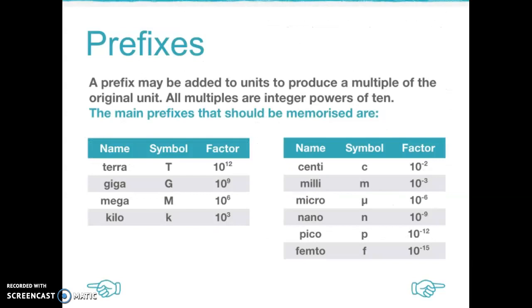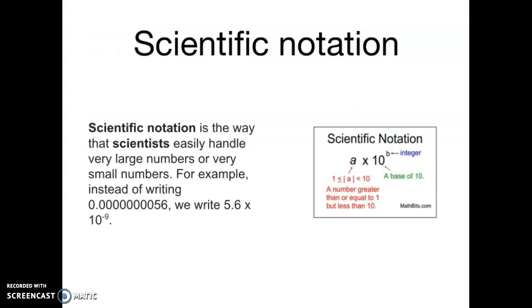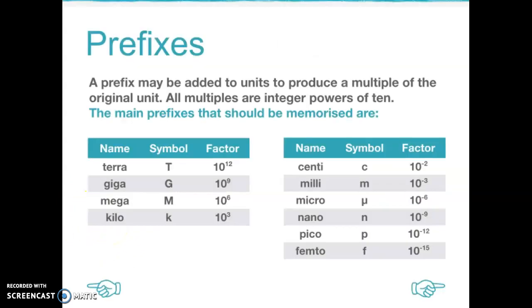Part 2, prefixes. Once you have a number which is expressed in this form, you actually find, particularly when you're using units, that the base 10 to the power, which is actually called an order number, can be expressed using a simple prefix. So for example, 10 to the 12 can be replaced by the symbol capital T, which represents tera.